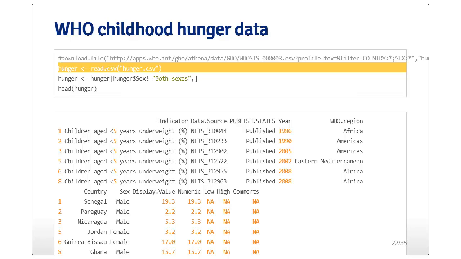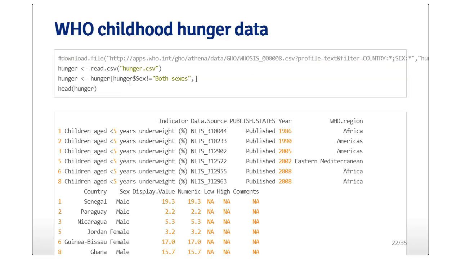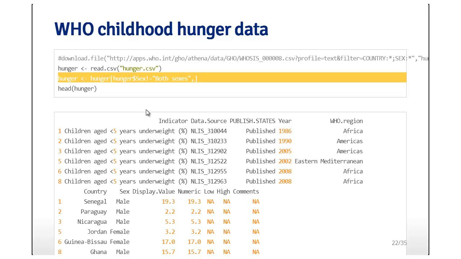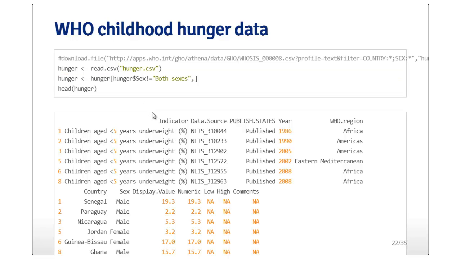So here instead you can just read in this hunger.csv. This command right here just takes the gender variable and says let's get rid of the specific cases where the gender took this particular value, and then here you can see a little bit of the data set.